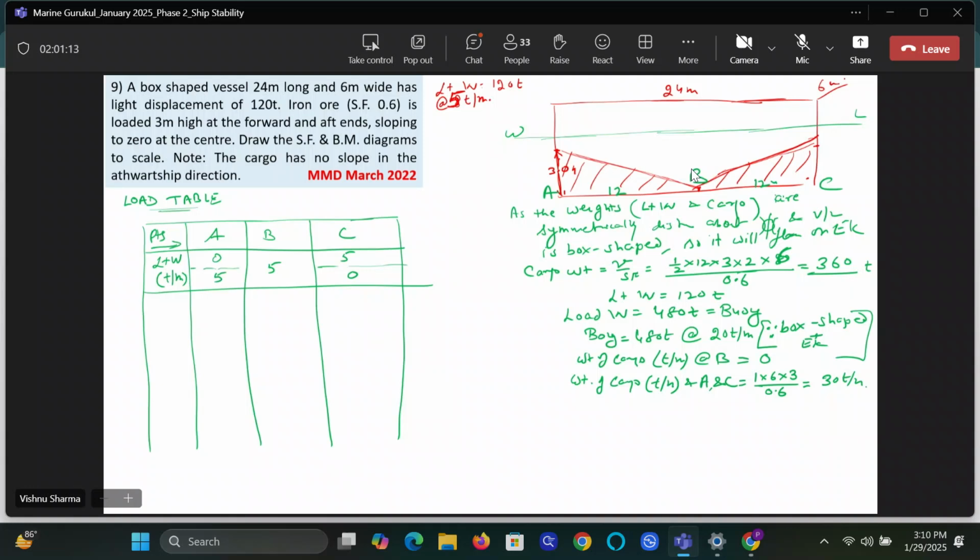Okay, good. Now we come to cargo weight. Please fill up cargo weight and be careful. I've already sounded the warning. My job is to warn you and see if you can avoid a mistake. Once you're done, let me know. I'll fill up after that.